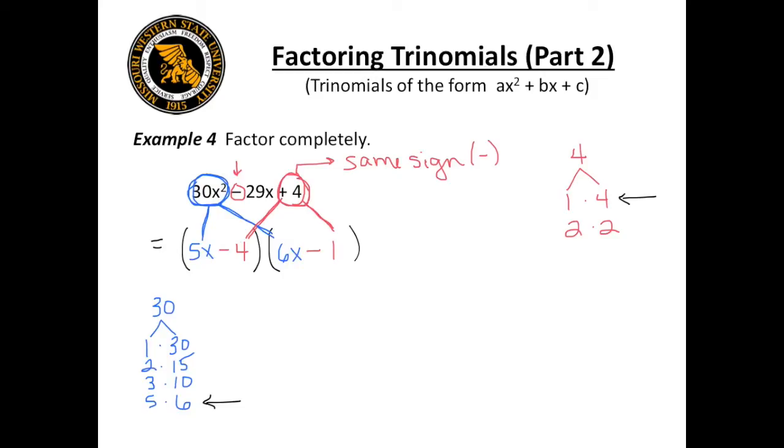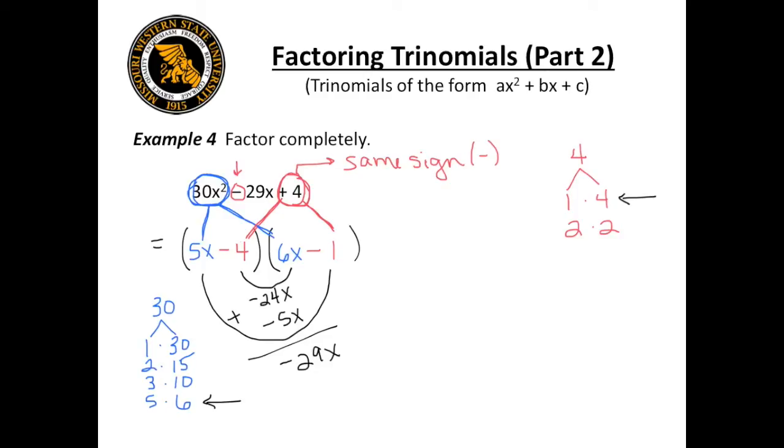We now check the sum of our inner product and our outer product. Our inner product gives us negative 24x. Our outer product gives us minus 5x. If we add those two terms together, notice we get negative 29x.